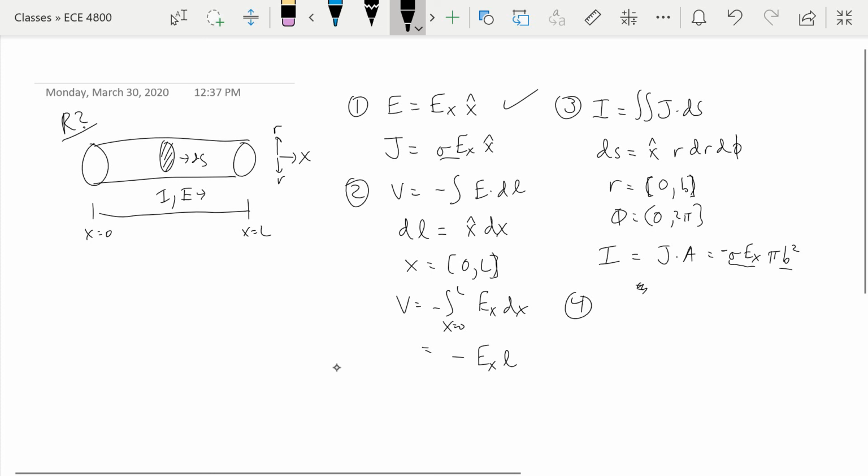So the resistance is equal to V over I. This is where the electric fields actually cancel. Negative E sub x times L, divided by, in the numerator you have your current, negative sigma E sub x times pi b squared.